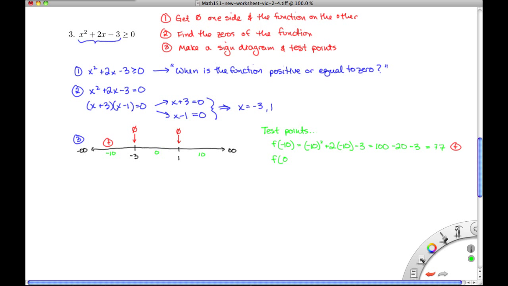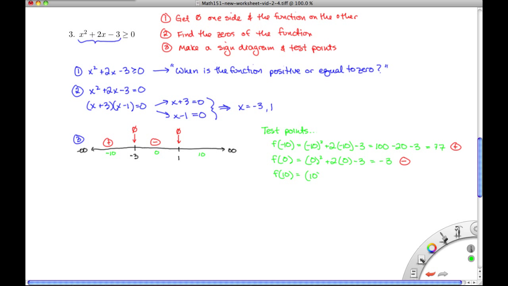So next we'll do f of 0. This will be an easy one. So we've got 0 squared plus 2 times 0 minus 3. So that's just going to leave us with minus 3. And minus 3 is clearly a negative number. So on that interval that included the test point 0, our function is going to be negative. And then the last one we'll do is the positive 10.